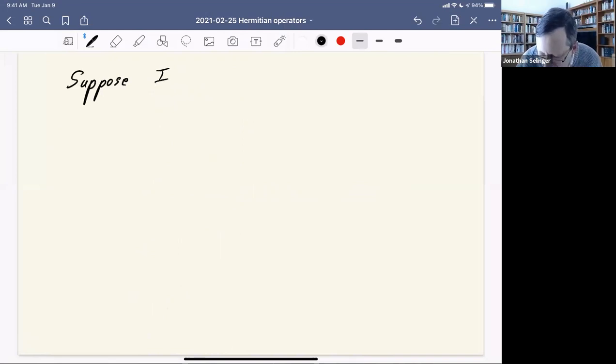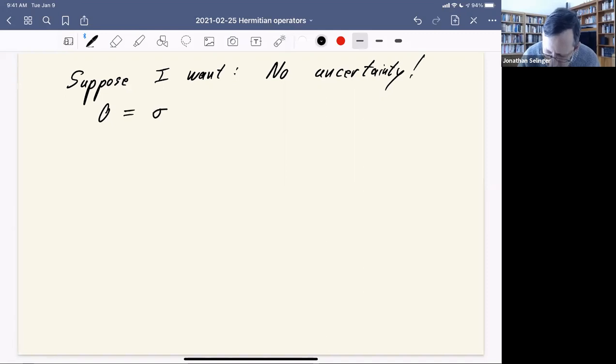Suppose I want no uncertainty. So that means I want this uncertainty in Q to be 0. Okay, so what kind of relationship between Q and psi would give us a situation like this, where there's 0 uncertainty?